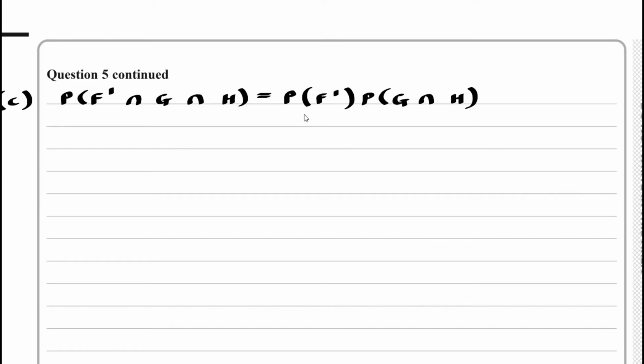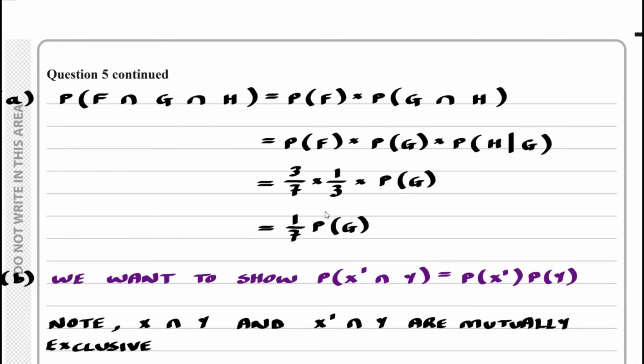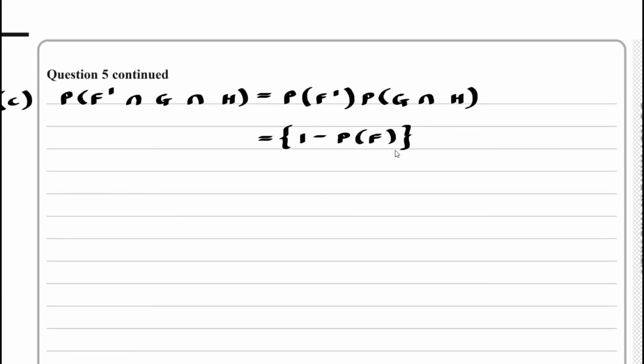Now the probability of f dash is equal to 1 subtract the probability of f, and the probability of g and h we found earlier, that was the same as the probability of g multiplied by the probability of h given g, which is the same as 1/3 times the probability of g. So we multiply by a third times the probability of G.